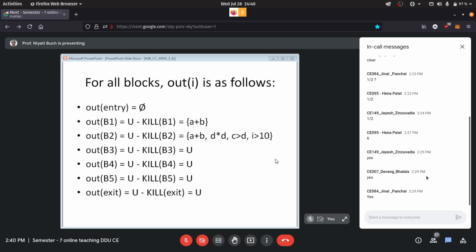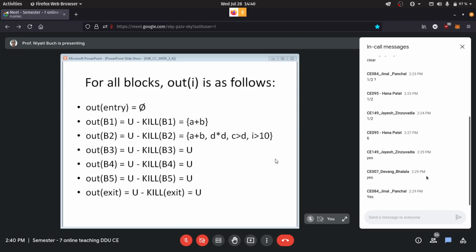Out of B1 will have only one element, A plus B. Out of B2 will have four elements: A plus B, D into D, C greater than D, and I greater than 10. Out of B3, B4, B5, and exit, all of them will be the same set U, because there is no element of U present in kill that we are removing from U.